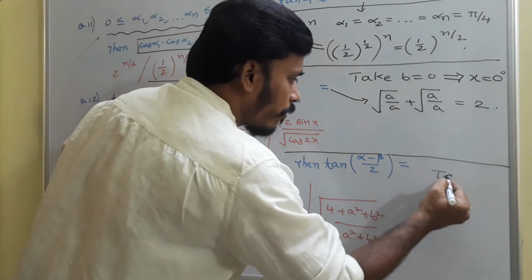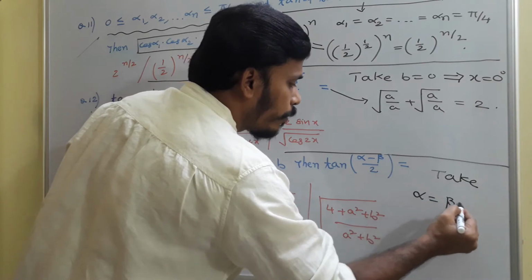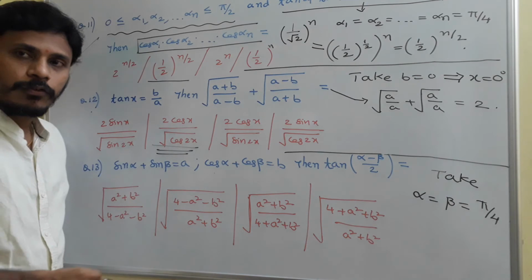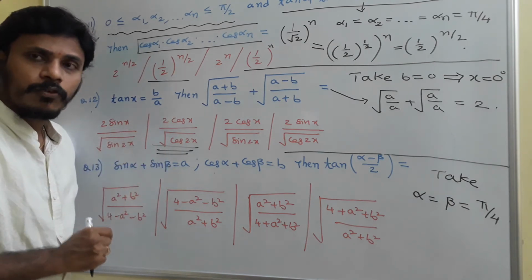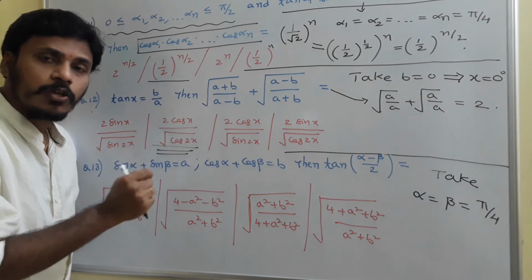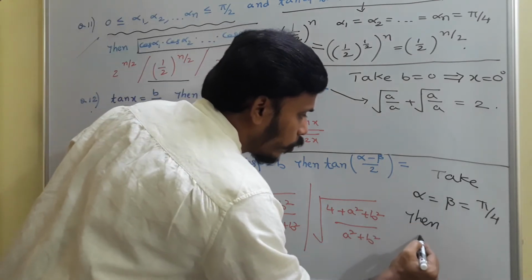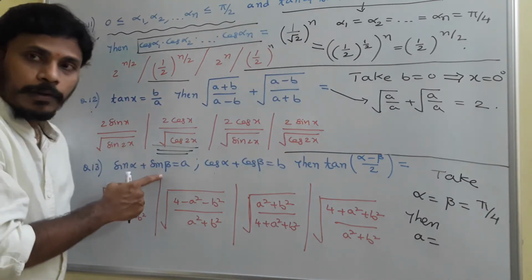So to simplify, I am taking alpha equal to beta equal to any angle you can take. I am taking pi by 4 here because sine, cos and tan are involved. Alpha is equal to beta is equal to pi by 4. Then what is the value of a?